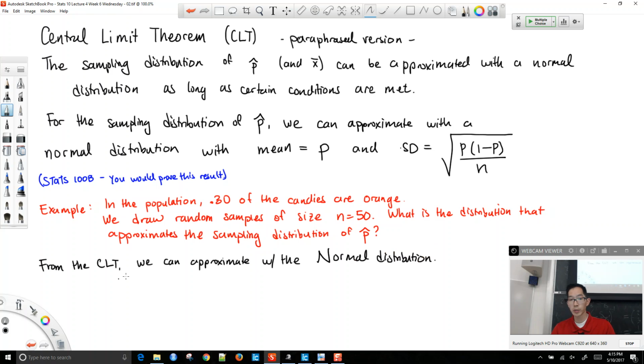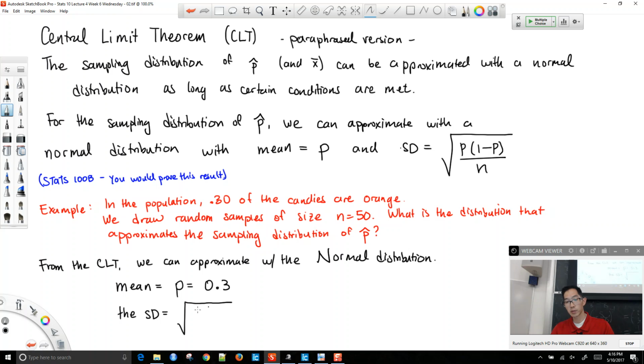Okay, from the central limit theorem, we can approximate with the normal distribution. What is going to be the mean of this normal distribution? The mean is equal to p, which is equal to 0.3. And the standard deviation of this normal distribution is going to be equal to what?